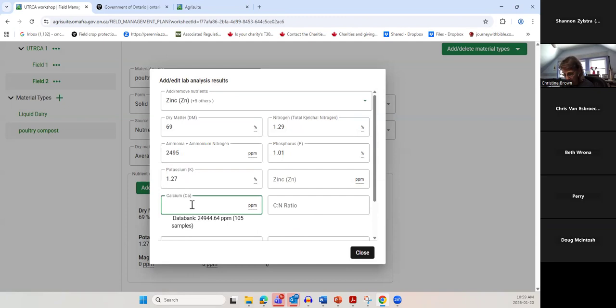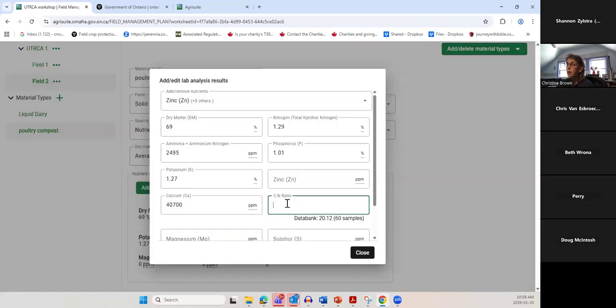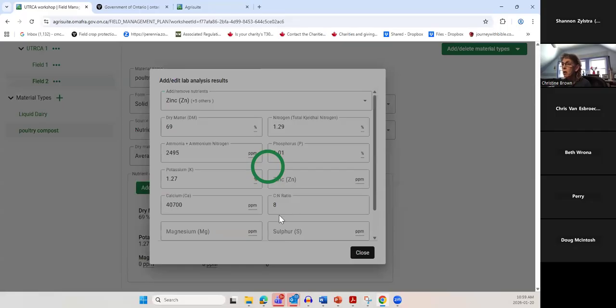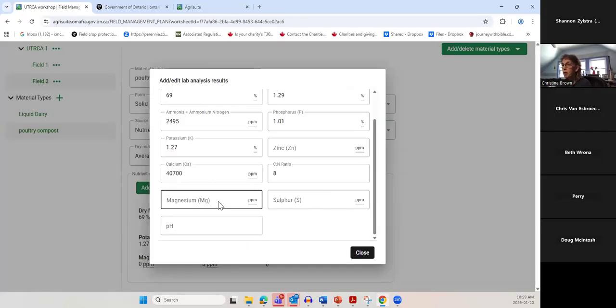So the calcium in this case was 407. C to N ratio: usually the C to N ratio of solid manure is higher, but this is a compost that's already been worked down, and because it's poultry, that carbon to nitrogen ratio is 8:1. Magnesium, 7,139.